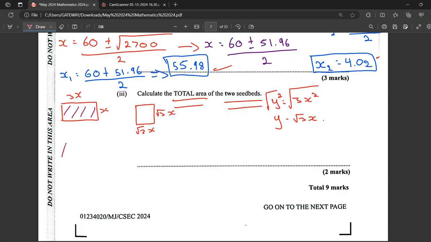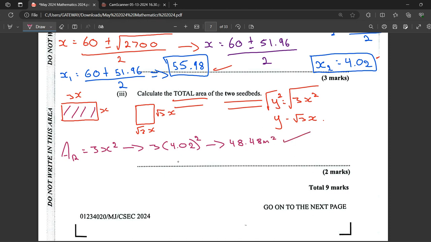So the area of the rectangle, as we did know before, would have been 3x by x, which is really 3x squared. So the area of the rectangle is 3 multiplied by 4.02 squared, and you should get something around 48.48 meters squared.